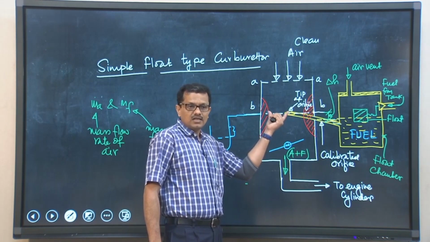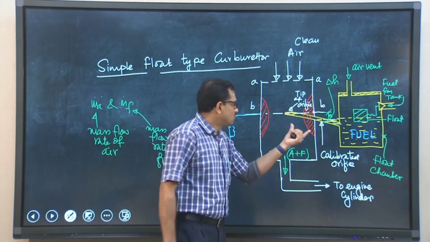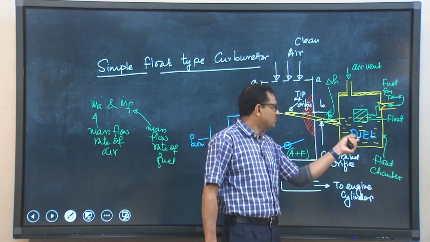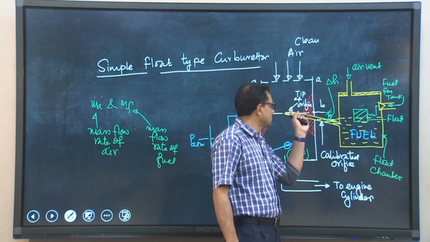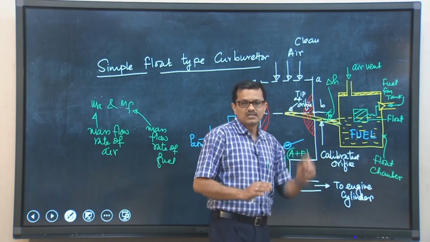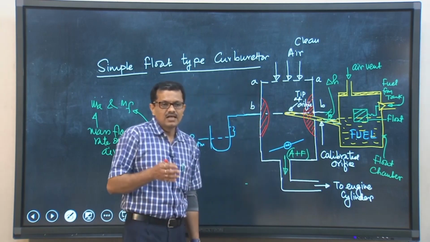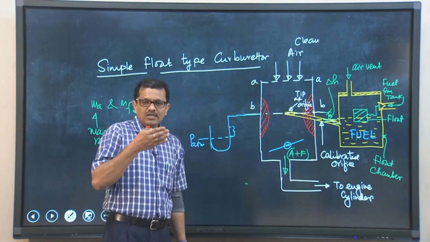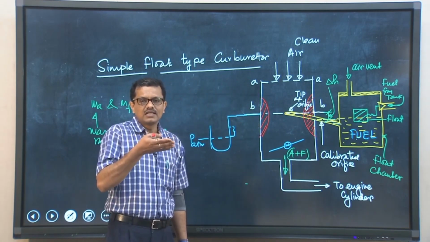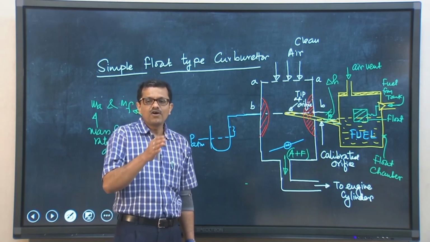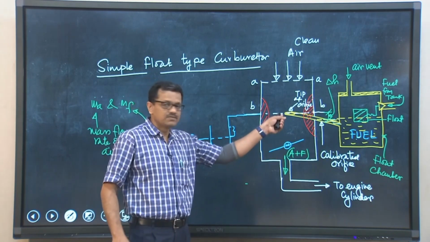as well as the mass flow rate also would be enough to ensure that the fuel that would be supplied from the float chamber to this particular section is also sufficient. So, basically we need to design the Venturi in such a way that there will be flow of fuel from the float chamber to this Venturi.